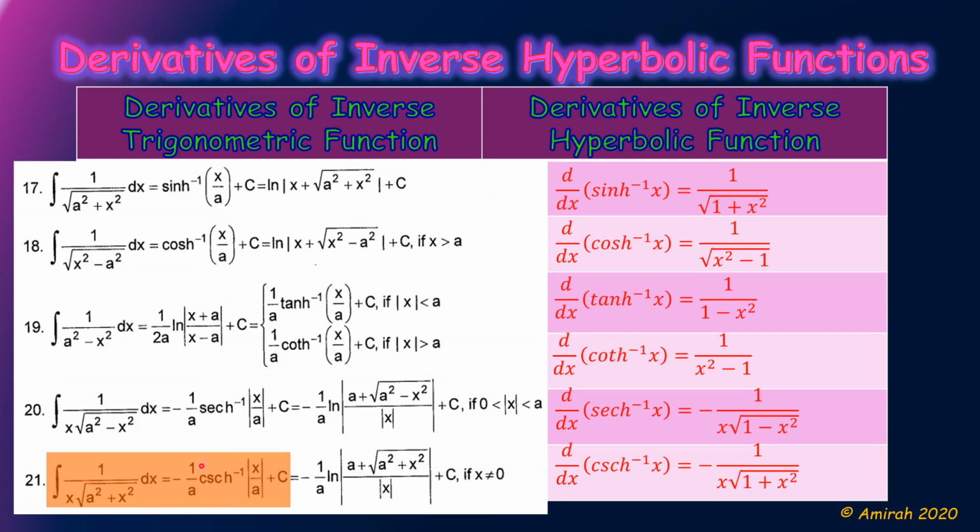So when we differentiate inverse cosec x over 1, which is x, it becomes negative 1 over x square root of 1 plus x squared. We can write it like this. Got it?